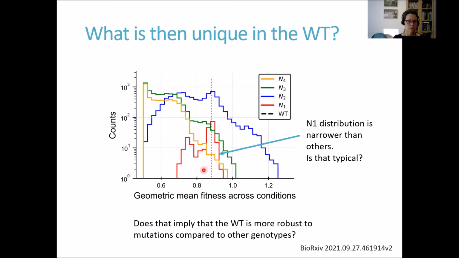So that means that the single mutants have fitness values that are relatively close to that of the wild type. So this seems interesting, and we asked ourselves, is this typical? Is it common to other genotypes in the landscape? Perhaps the landscape is simply very correlated.